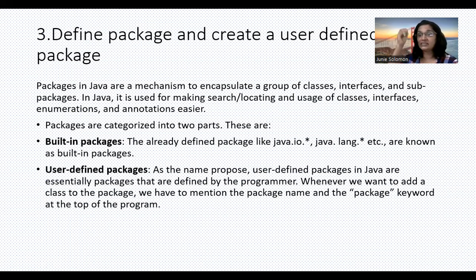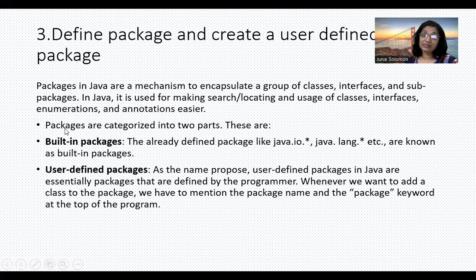Subfolders, we call them sub-packages. They keep the classes, interfaces, enumerations, and annotations inside. So a package is nothing but a mechanism to encapsulate a group of classes, interfaces, and sub-packages. It is used to make searching, locating, and usage of classes, interfaces, enumerations, and annotations easy.